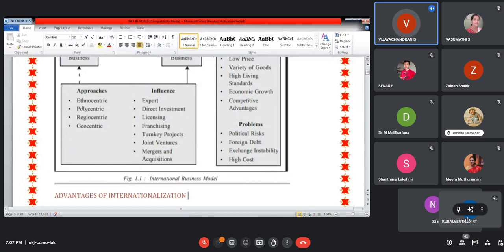Polycentric means what? You are establishing your manufacturing business in another country. You are setting up your business in another country. That is known as polycentric. Regiocentric means what? You are establishing your business in more than one country.